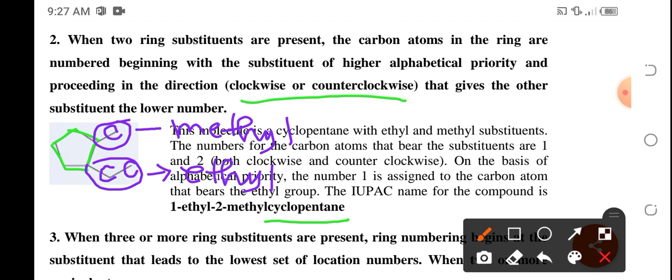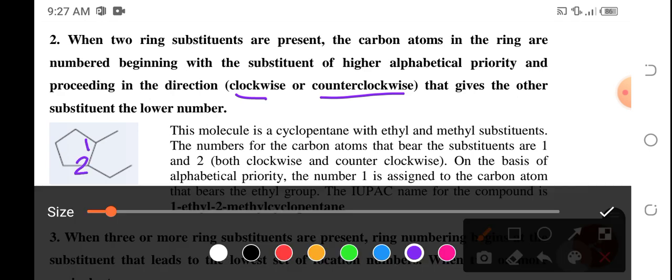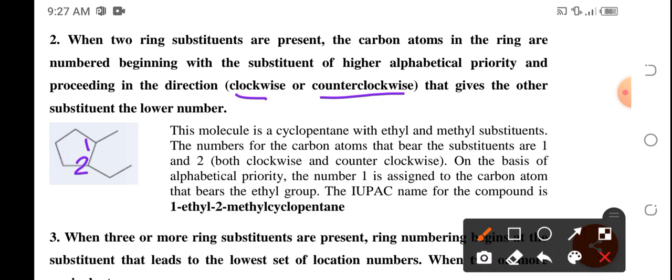So now that we know the identity of these carbon atoms, numberan na natin. Paano natin na numberan? Either clockwise or counterclockwise. So this could be carbon number 1 and this would be carbon number 2. Counterclockwise numbering, this would be carbon number 1 and that would be carbon number 2.